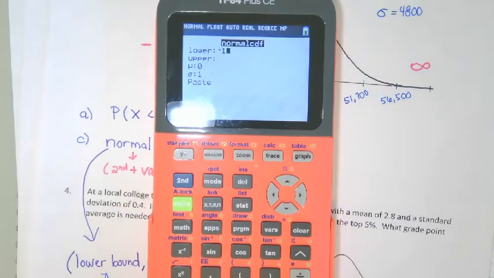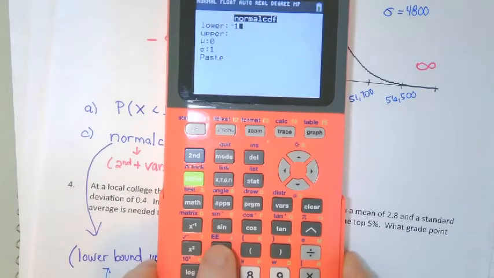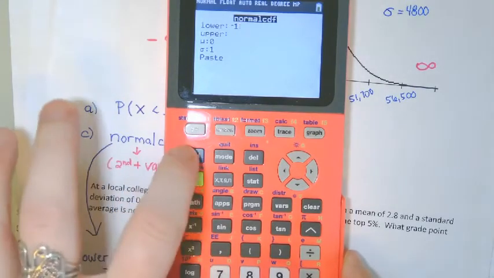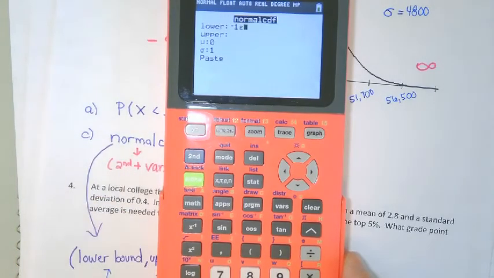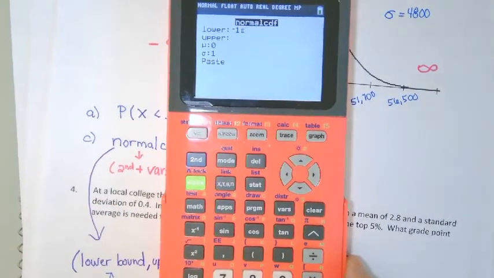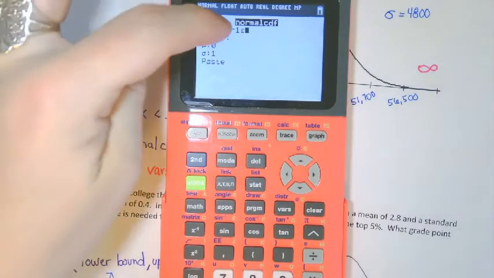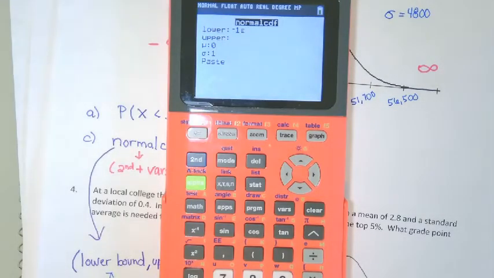Next, I'm looking for that double E, the EE, which is right here above the key for comma. So I'm going to hit second and the comma button. And you can notice, even though you were selecting the double E, it shows up as just a single E. And then 2 9s, 9 9.